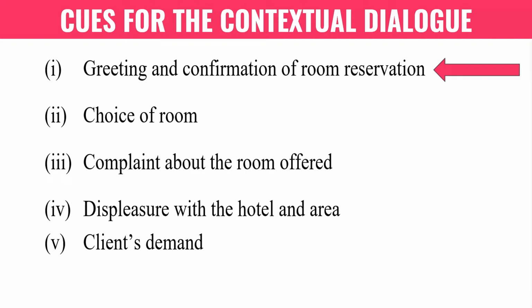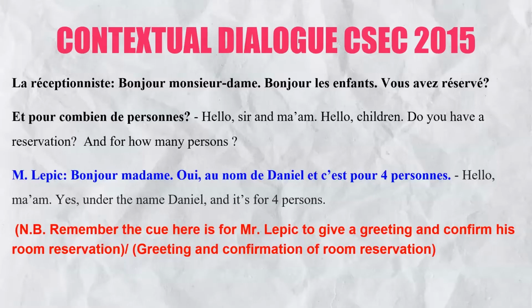So that has to be the first thing that we have to do here in this dialogue. We have to greet the person and confirm our room reservation. If you look here, the response is given here. I have written the response here where Monsieur Le Pic says, "Bonjour madame, oui, au nom de Daniel, et c'est pour 4 personnes."